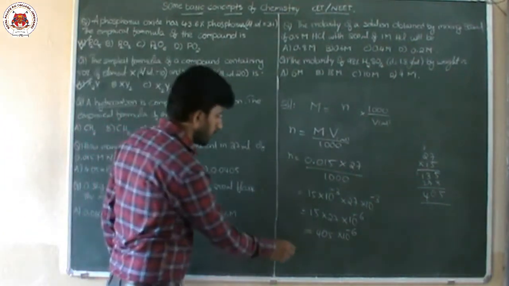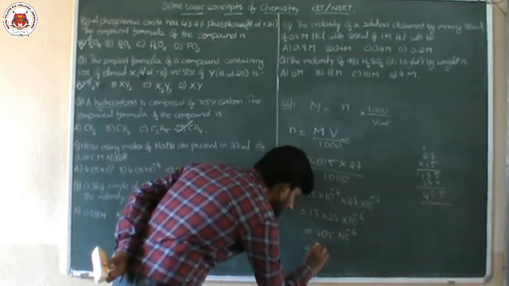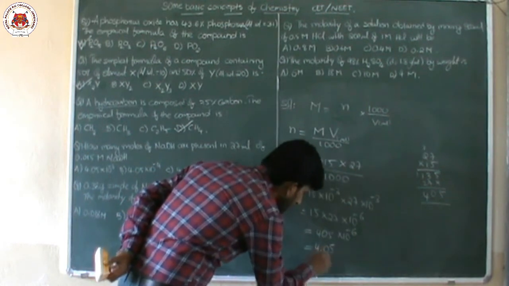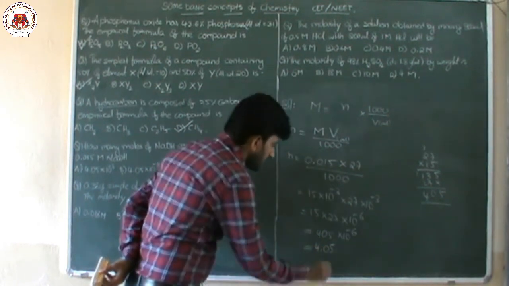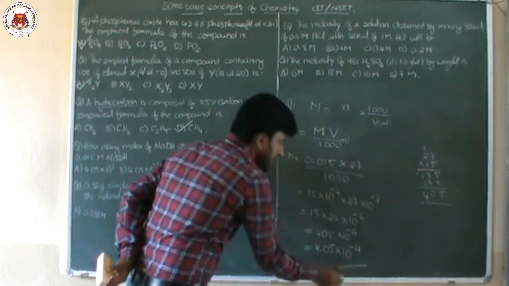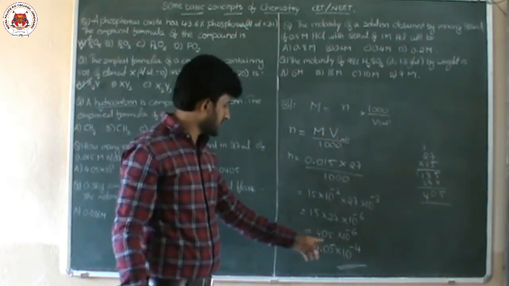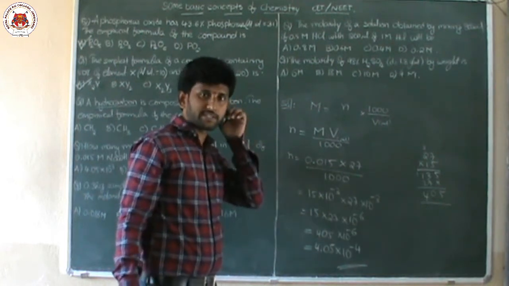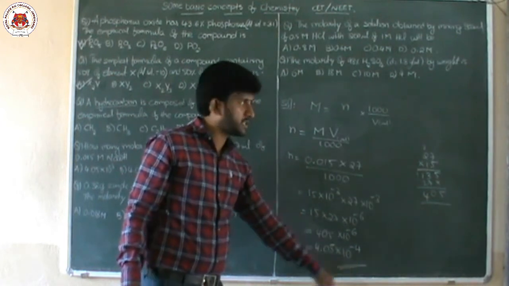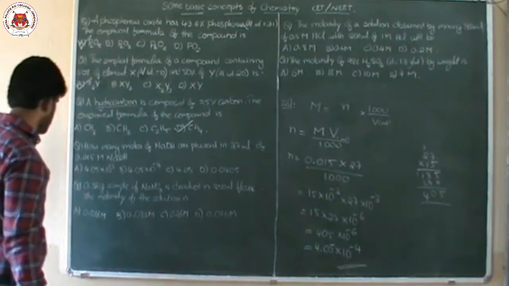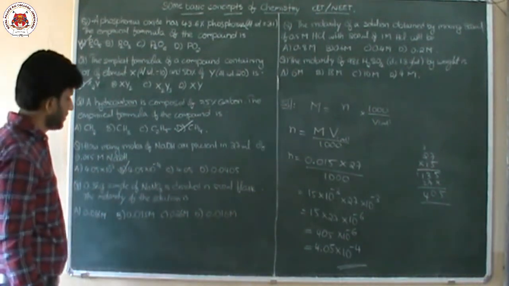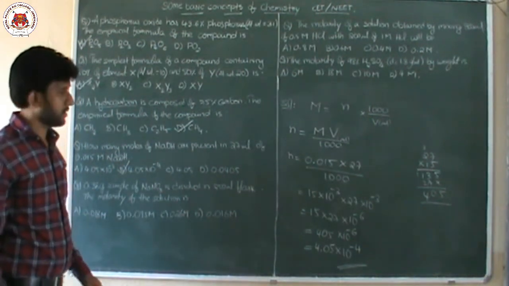How? 405 can be written as 4.05 into 10 power minus 4, because I am moving the decimal to the left by 2 places, so the power becomes minus 4. So the answer is B, 4.05 into 10 power minus 4.